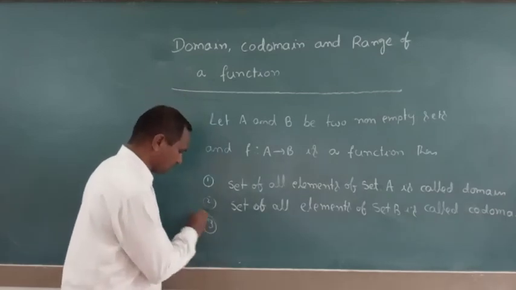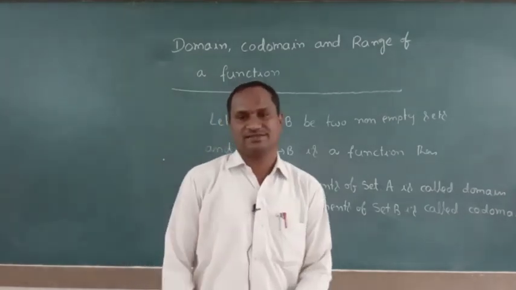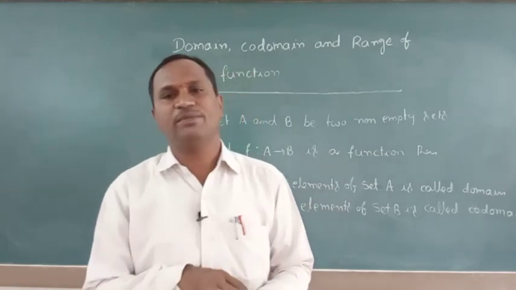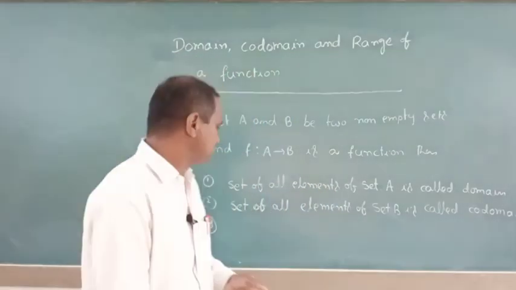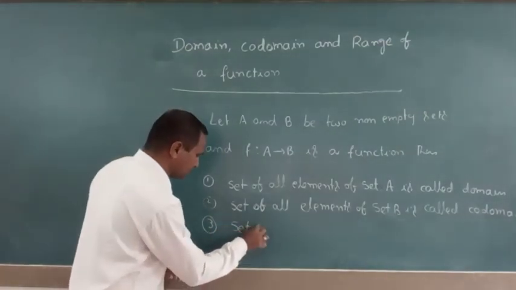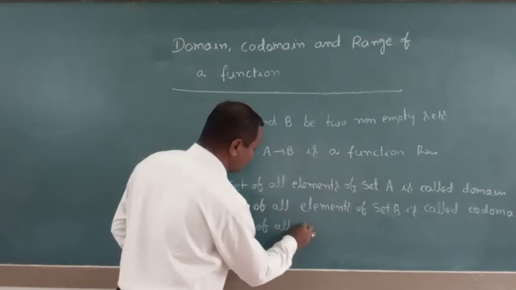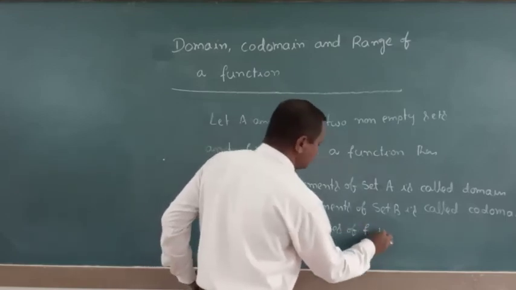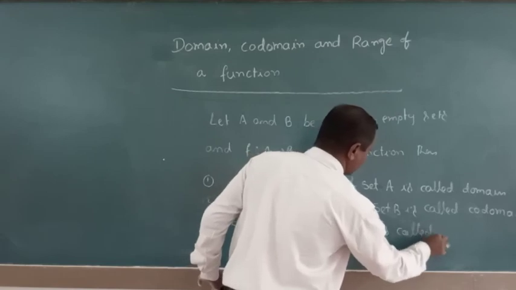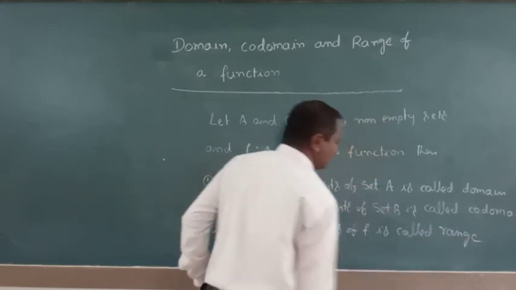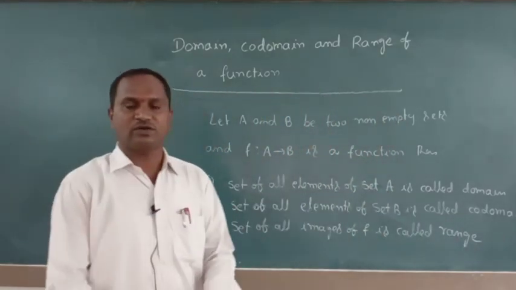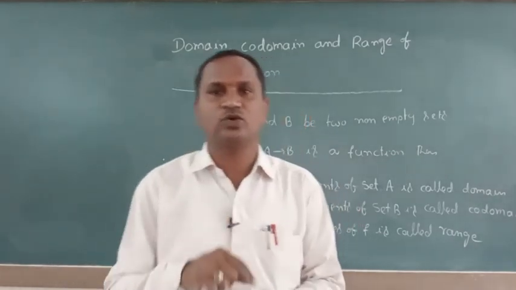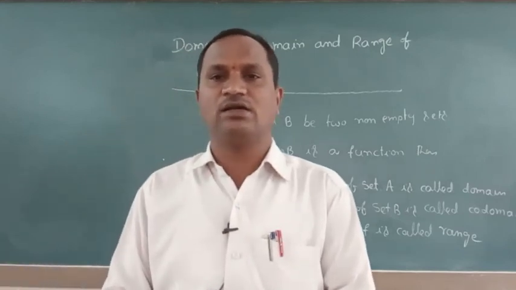Third, the set of all images of f is called the range. Image means, in set B, the elements to which association is there; the set formed by those elements only is called the range.